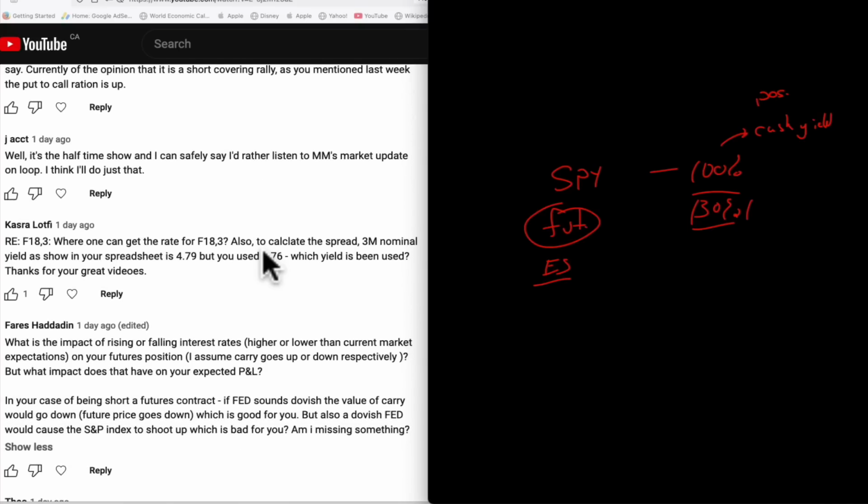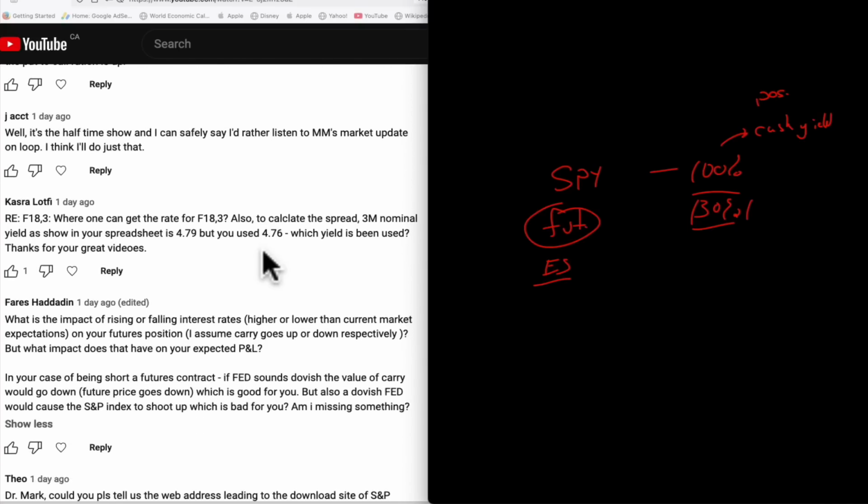Let's see. F18.3, where can one get the rate for F18.3? I just put a video up today which is a tutorial on the interest rate components of the market update. So I go through the nominal rates, real rates, break-even rates, and I show you where to find the forward rate F18.3 using Chatham Financial.